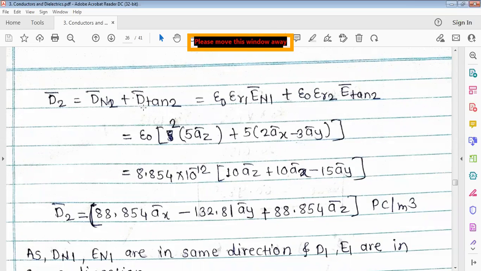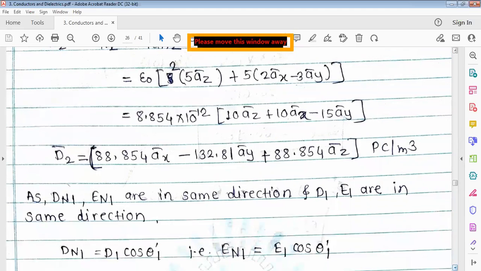Putting in all the values, epsilon 0 is 8.854 into 10 raised to minus 12 into bracket 10 a bar z plus 10 a bar x minus 15 a bar y. Multiplying in the bracket, we get the value in picocoulombs, because 10 raised to minus 12 is pico.